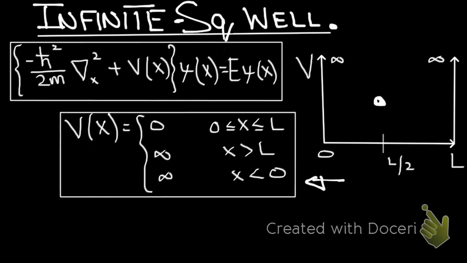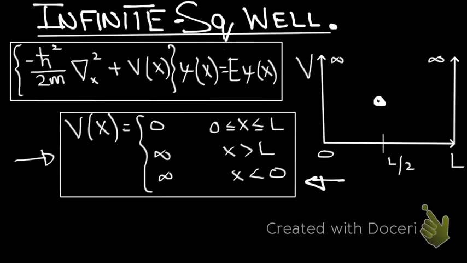Our goal is then to find the energy eigenstates as well as the energy eigenvalues of the system by solving the energy eigenvalue equation. We're going to use the potential described here as V of x, and using this, we are going to solve the Schrodinger's equation.